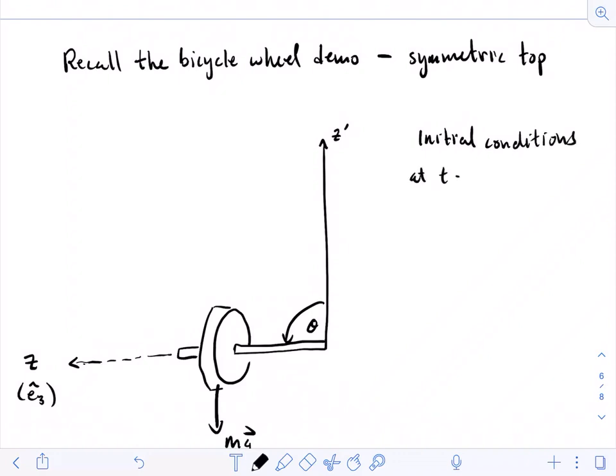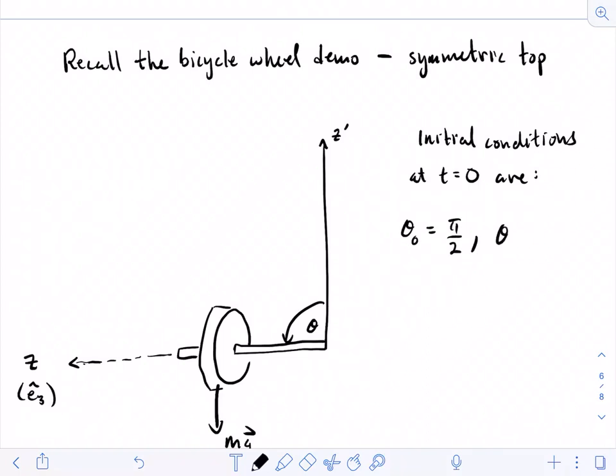In this case, when we set this up, our initial conditions at time t equals 0 are, let's say theta 0 is the value of theta at t equals 0, is pi by 2, it's 90 degrees. And when we hung the wheel onto the string, we released it from rest.